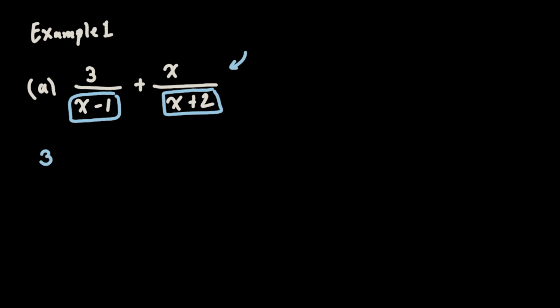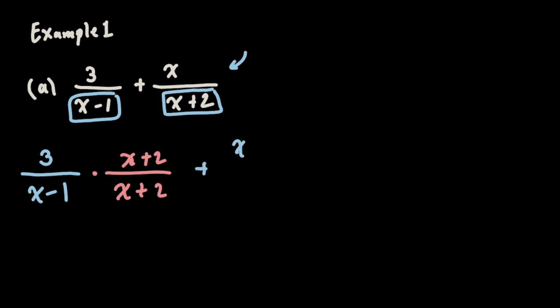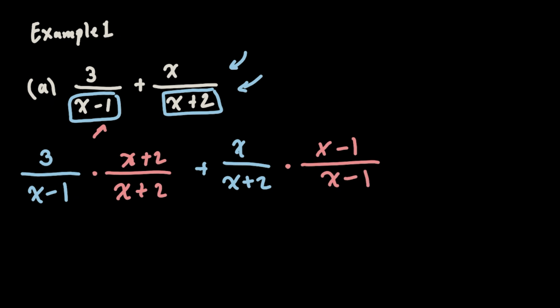Here we will have 3 over x minus 1 and we will multiply this fraction by x plus 2 over x plus 2, plus we'll have this fraction here, x over x plus 2, and we will multiply it by this denominator here, x minus 1 over x minus 1.